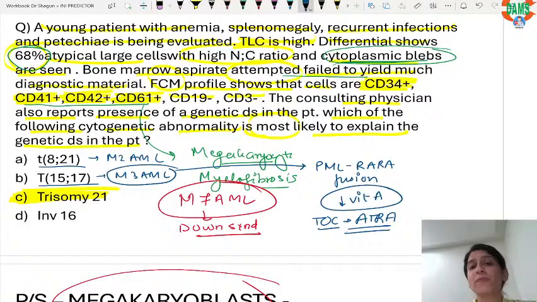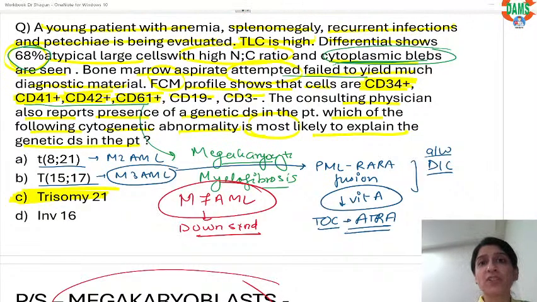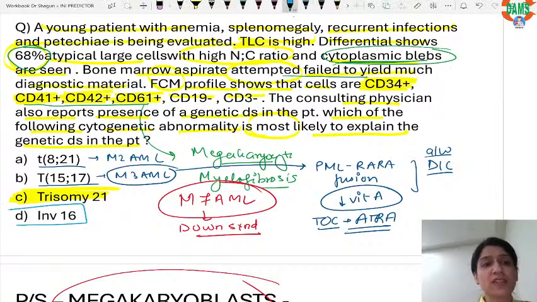And we all know M3-AML is also associated with DIC, and you see Faggot cells also. See, I'm covering the high yielding crisp points which you need to know. But for the rest, inversion 16 is classically seen in M4-AML.